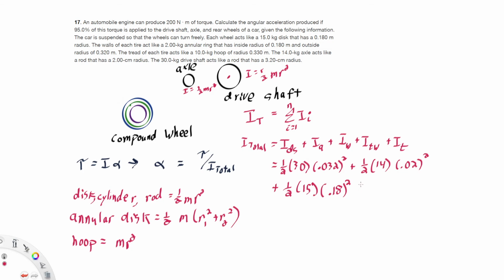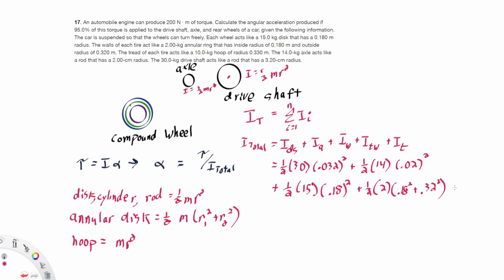And there's also the tire wall, which is an annular ring. So 1/2 m, which is 2 kilograms, times 0.18 squared plus 0.32 squared.